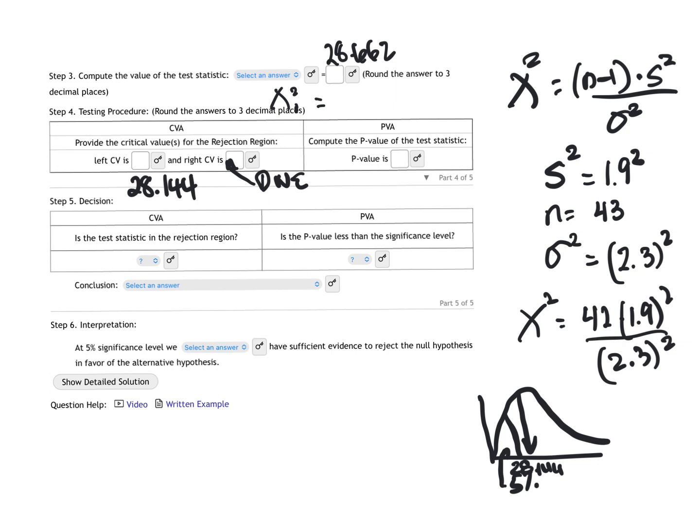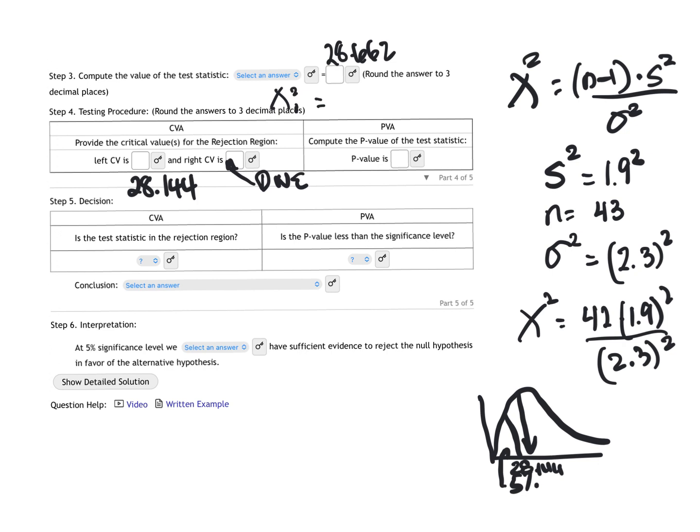We're going to put 0.05 for left tail. Go to the chi-squared, which is the fourth one off the list after beta. Degrees of freedom is 42, n minus 1. Hit OK, and you do get plenty of decimal spots for that, 28.1440.